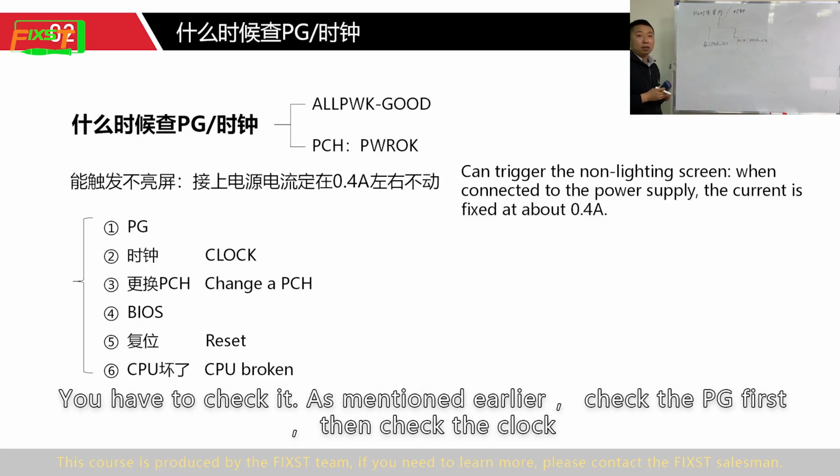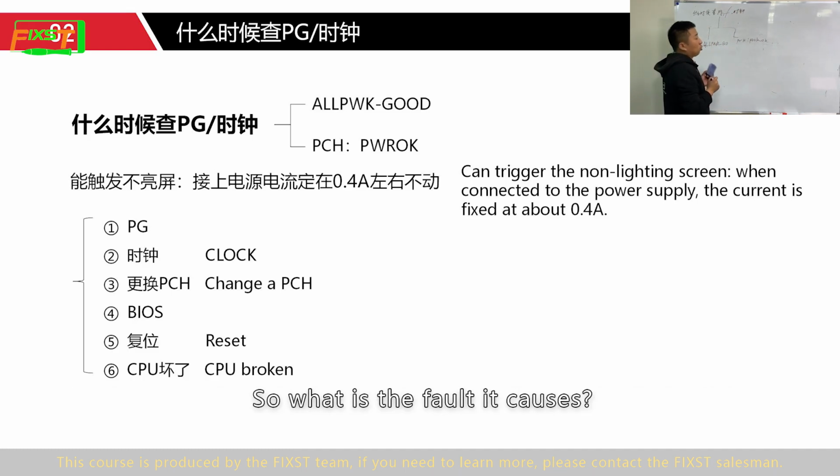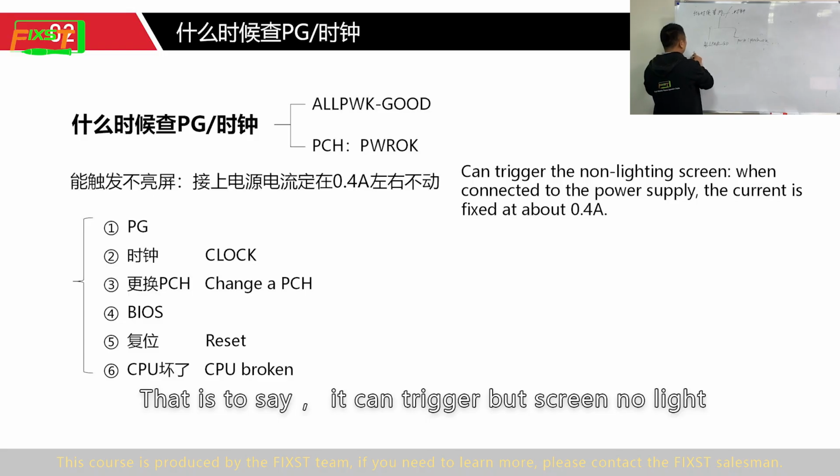As mentioned earlier, check the PG first, then check the clock. So what fault does it cause? That is to say, it can power on but the screen has no light.